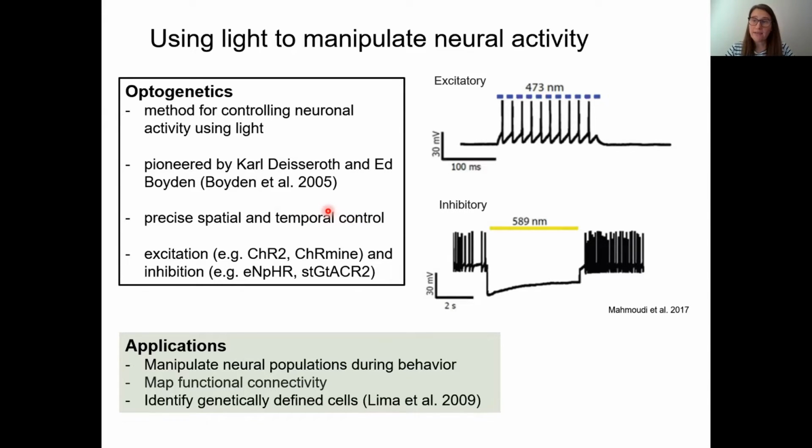And right now we have many different options that allow us to, in a controlled way, excite or inhibit neuronal activity. Optogenetics has a wide application to manipulate neuronal populations during behavior, especially in combination with Neuropixels recordings. It is also an amazing tool to map functional connectivity and to identify genetically defined cells.